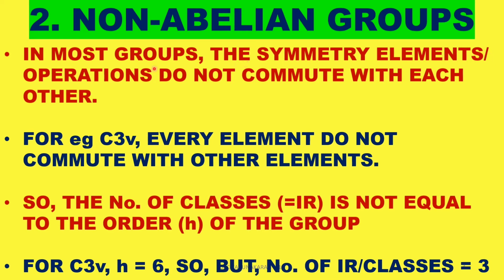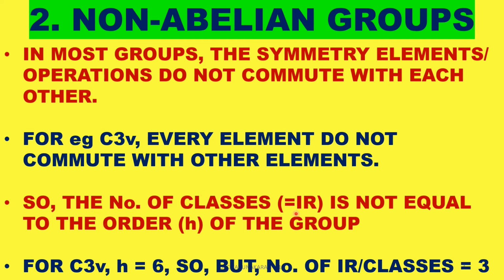Non-abelian groups: in most of the point groups, the symmetry element operations do not commute with each other. It is A cross B not equal to B cross A. For example, ammonia molecule, C3V point group, every symmetry element does not commute with the other elements. So this is just the opposite of abelian point group.